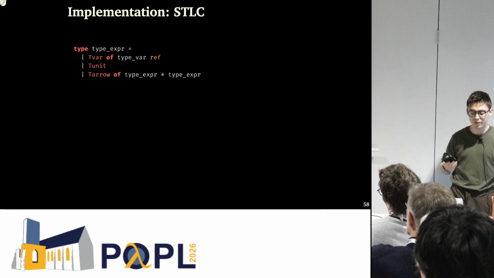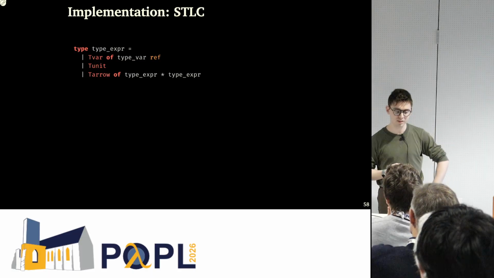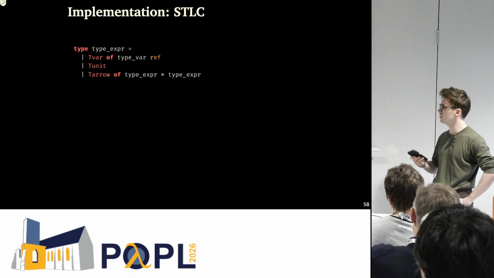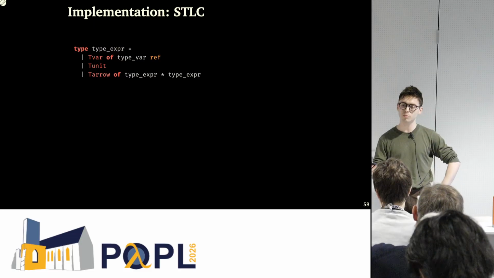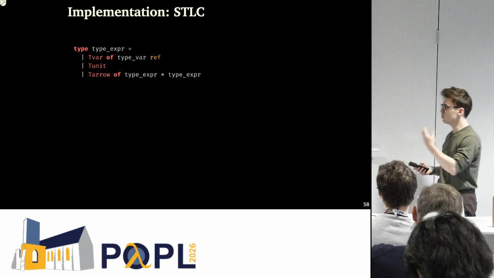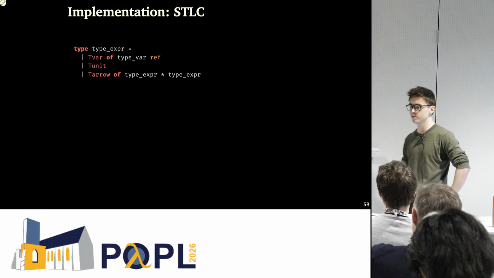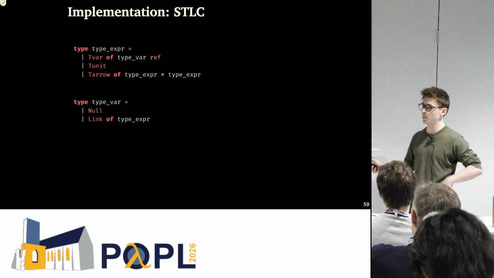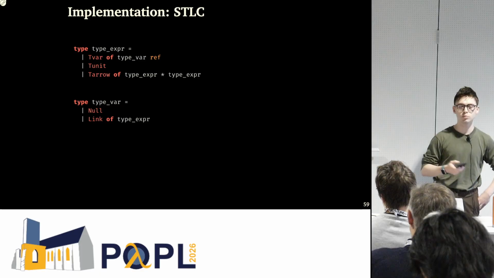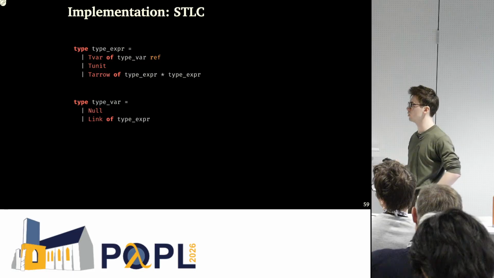So let's start off with a relatively simple situation, the simply typed lambda calculus, where you have types consisting of variables, simple base types such as unit, and arrows. Now, in true Prolog fashion, we've got variables as mutable references that consist of either an unresolved unification variable, null, or a link to the type that the variable was unified with.